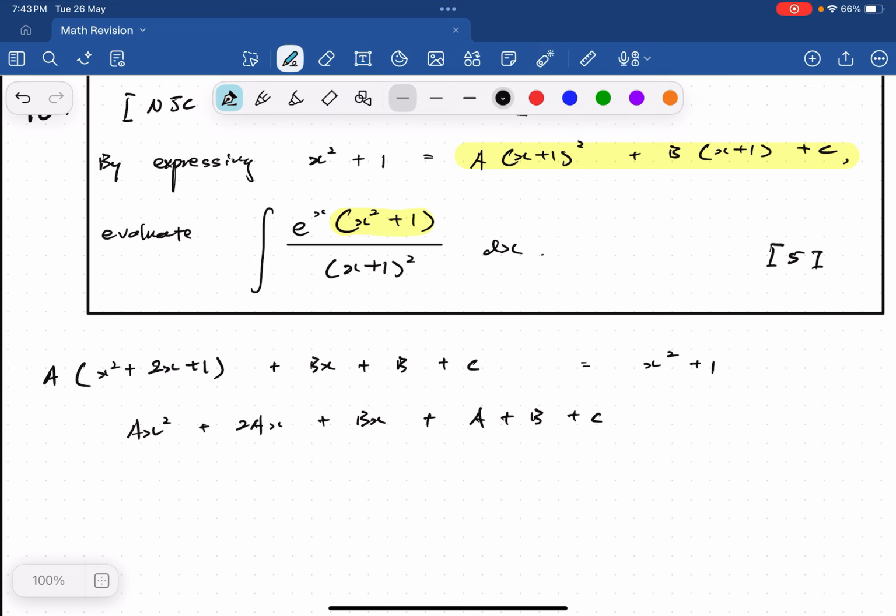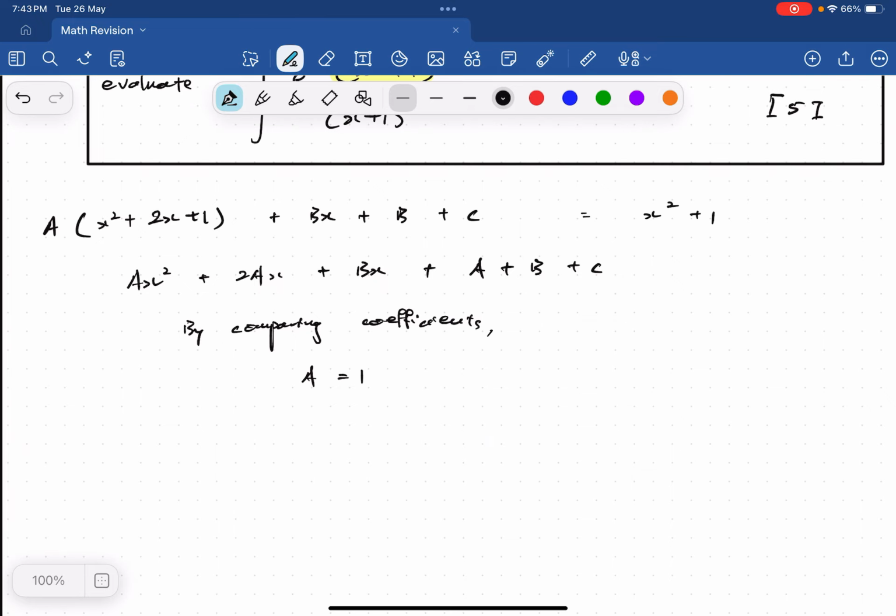So by inspection, or by comparing coefficients, you can see that a equals to what? A equals to 1, correct? I hope that's obvious. A equals to 1. And then because 2a plus b, on the right hand side, there are no terms independent of x. I forgot to write that.